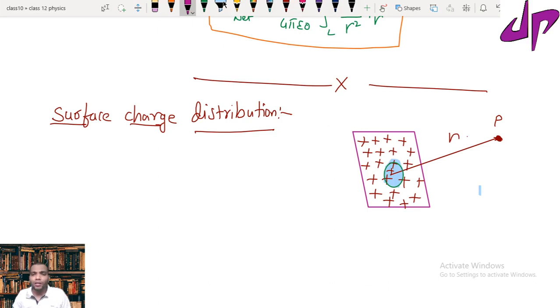To find the force due to the small surface dS, I need to find the amount of charge contained on that surface. Here the small surface dS contains an amount of charge dq. With this help we are defining another definition called surface charge density.